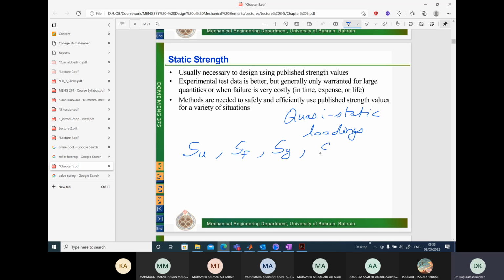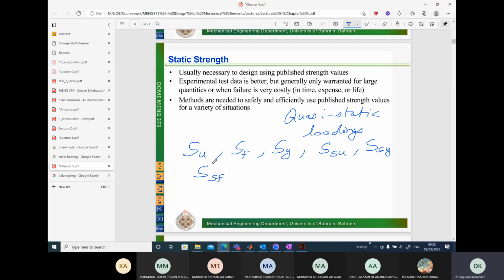In shear, we will write it as SSU, meaning shear ultimate strength. Then we have SSY, shear yield strength in case of ductile materials. Then we have SF, shear fracture strength. Okay, so like this we can have different properties.